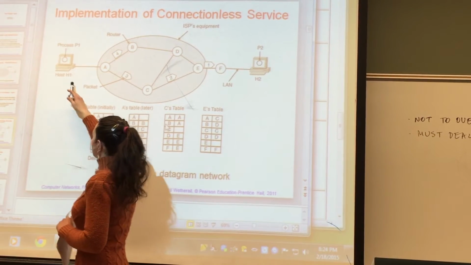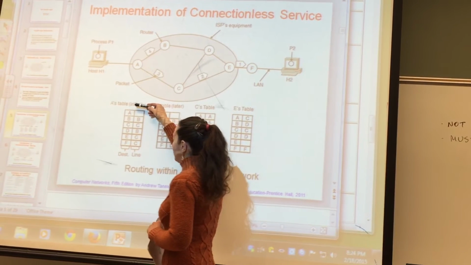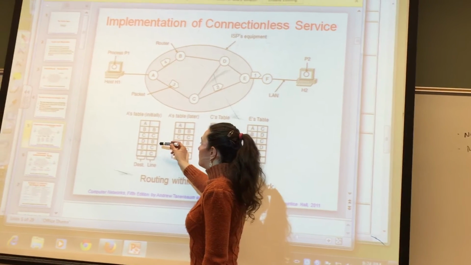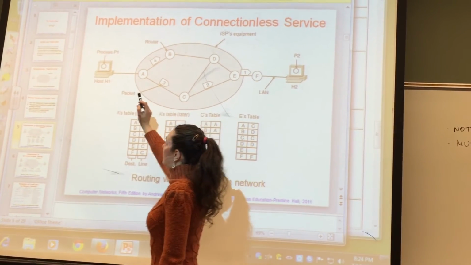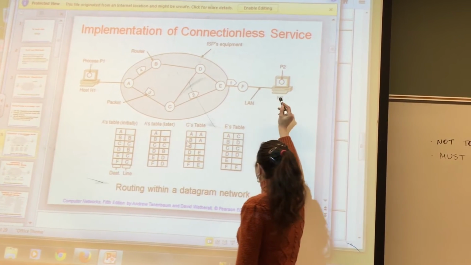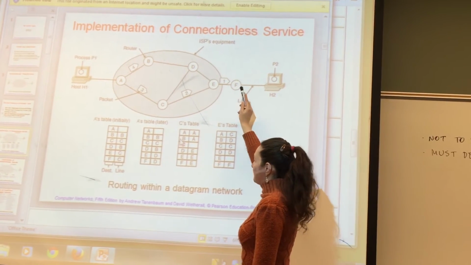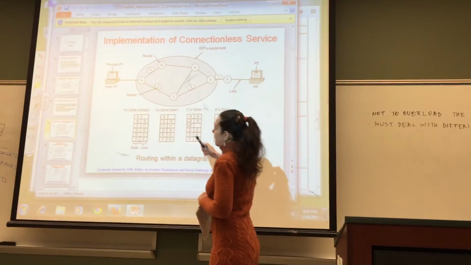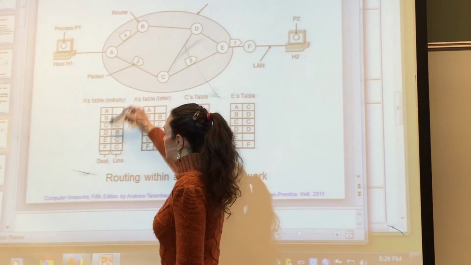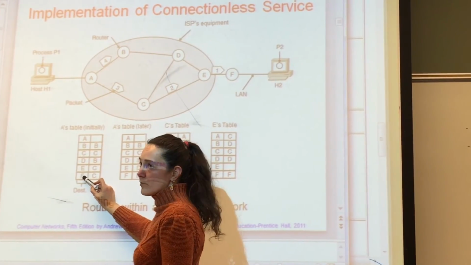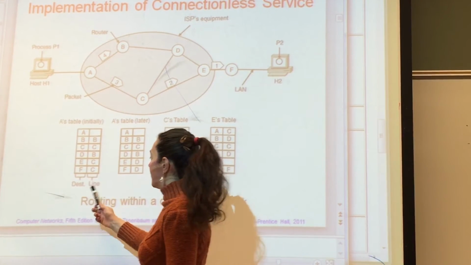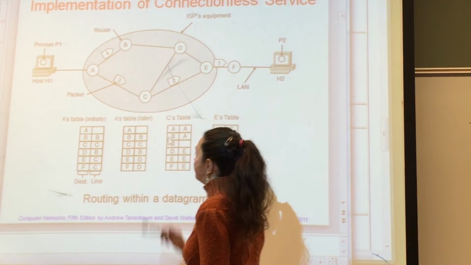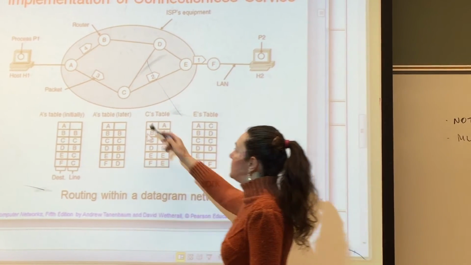So the first piece will be sent from host 1 to router A, and every router has an internal routing table which shows. So the host 1 wants to send a packet to host 2, the destination router is F. So the first router is going to look in its routing table and say destination is F, so output this packet onto line C. So it's going to go from A to C. Next, C will get it.